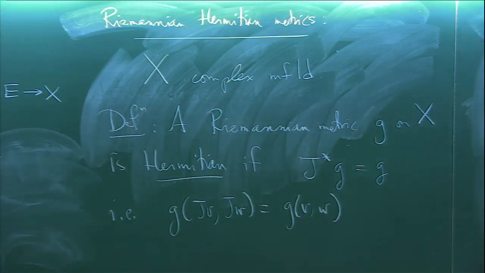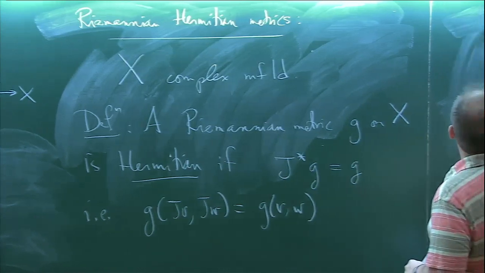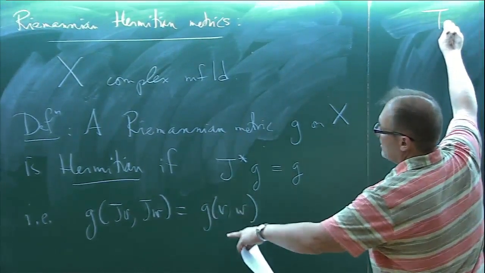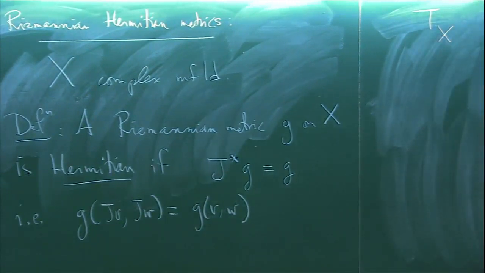Okay, so now a Riemannian metric is Euclidean, not Hermitian. It doesn't have Hermitian symmetry for the tangent bundle of a manifold.